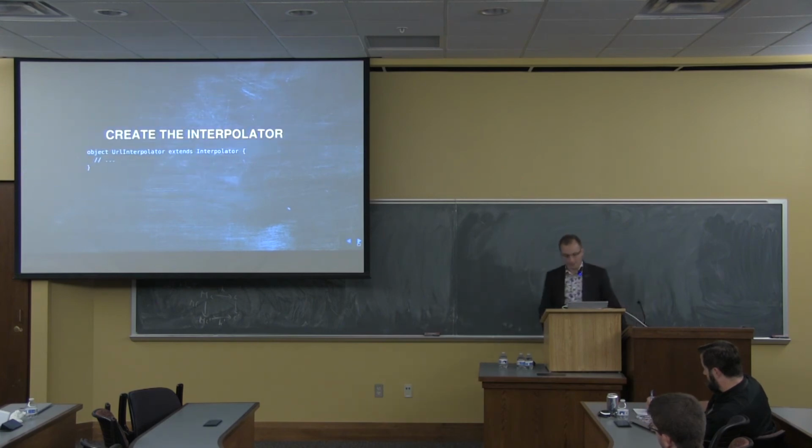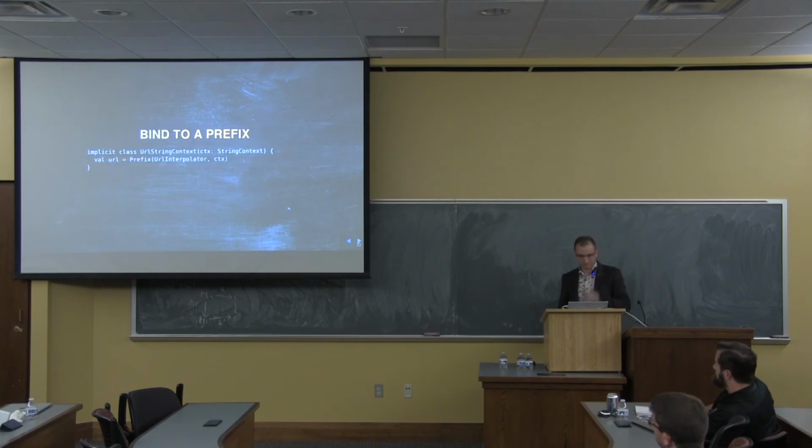So step 1, really easy. We create an interpolator. It's an object. It extends from Interpolator. That's it for now, but these ellipses will be expanded. To bind that to a prefix, this is equivalent to the extension method I showed you very early on.